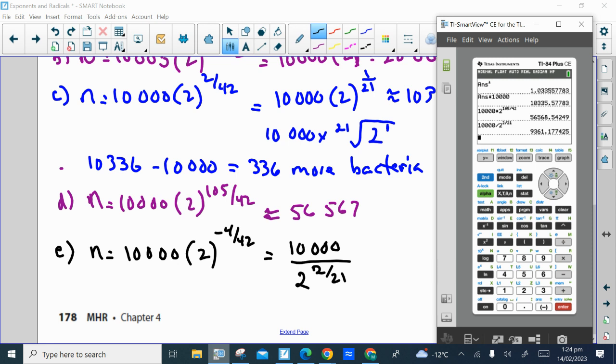Now, you actually don't have to move the 2 to the bottom. Your calculator will do it even without that. 10,000 times 2 to the power negative 2 over 42 gives us exactly, oh, it doesn't.